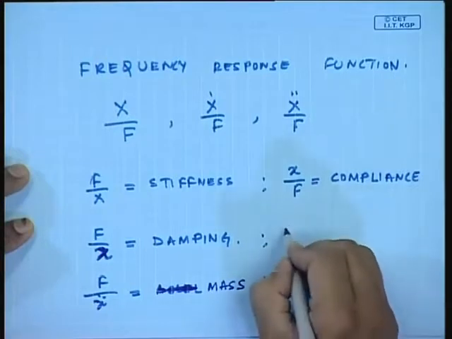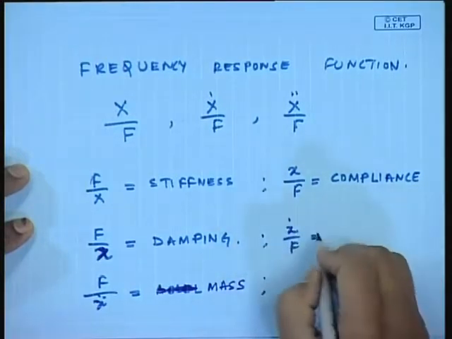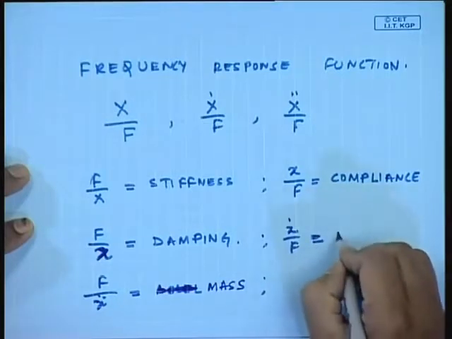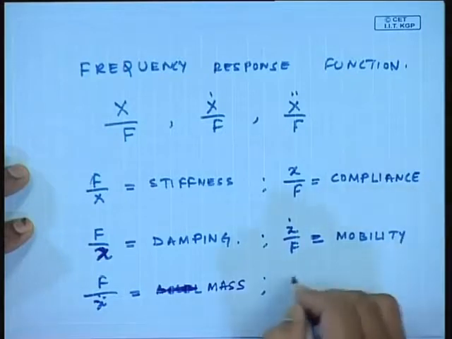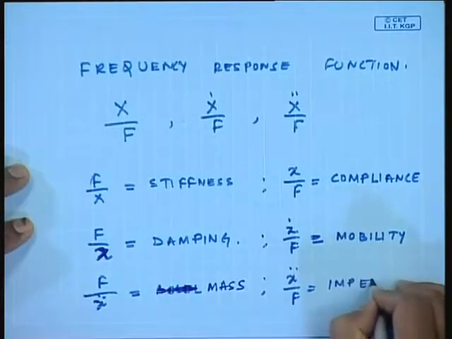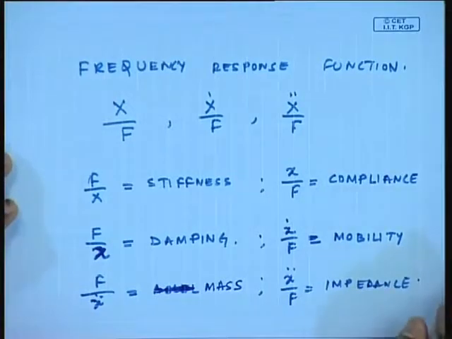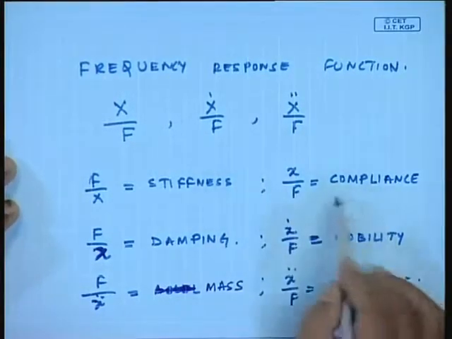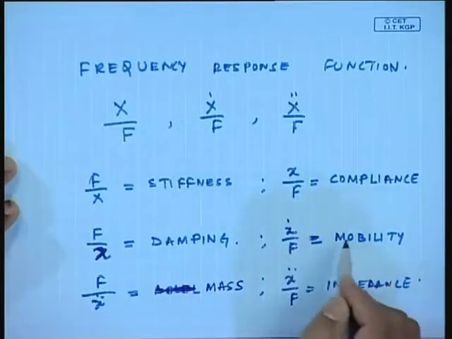Then we have x dot by F as the mobility, and x double dot by F as the impedance. So, these are the same things represented as different ratios depending on the convenience which we have.